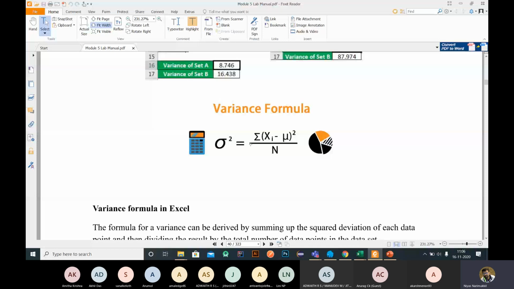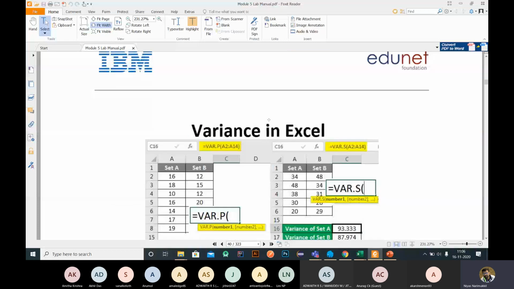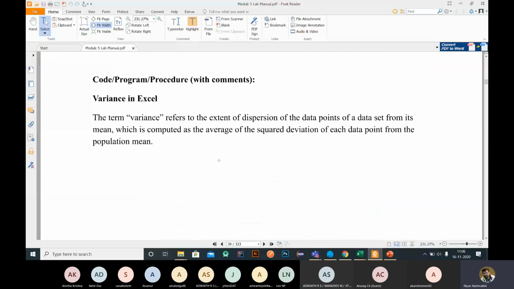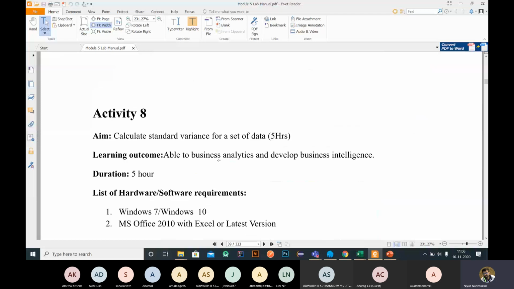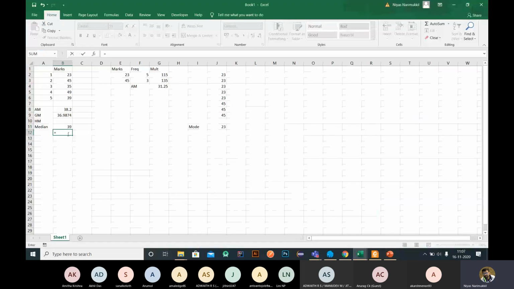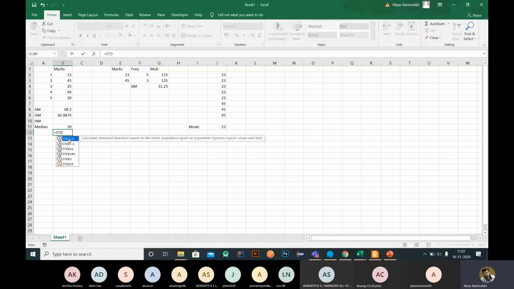Okay, so here we have a direct option to find the variance and the standard deviation. I think there is already an STD function, yes, there is a standard deviation function.